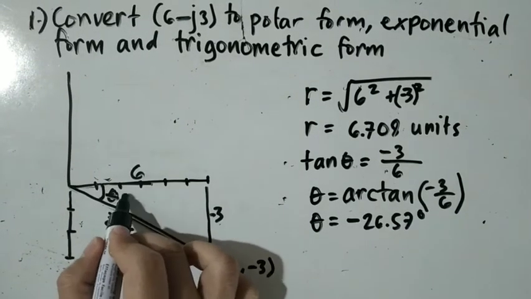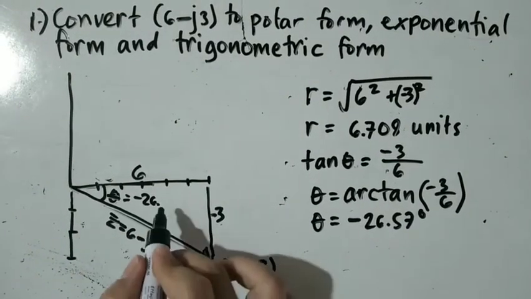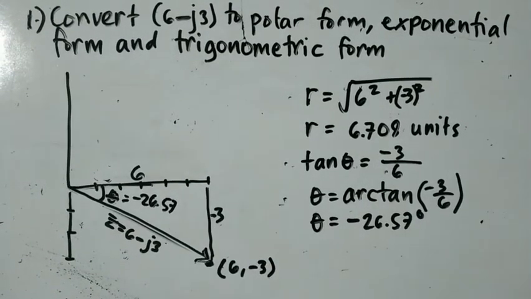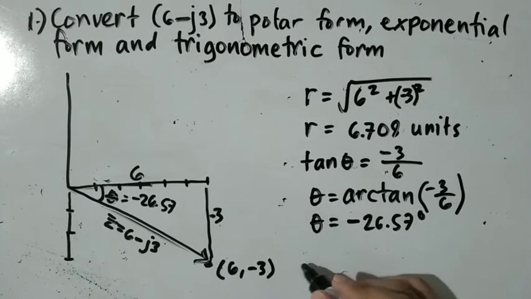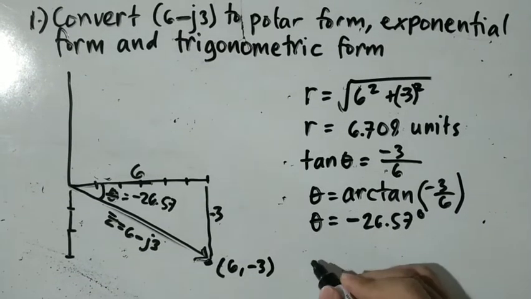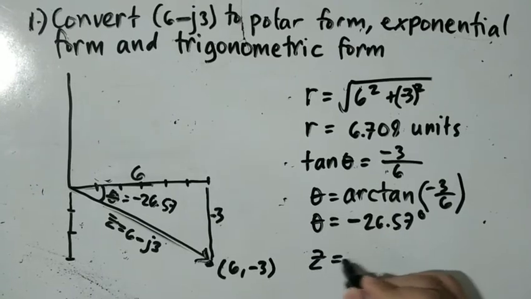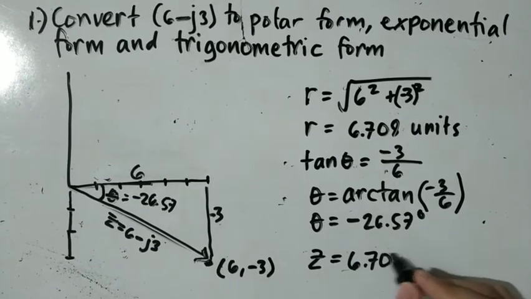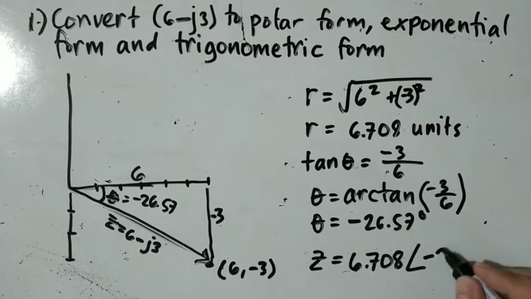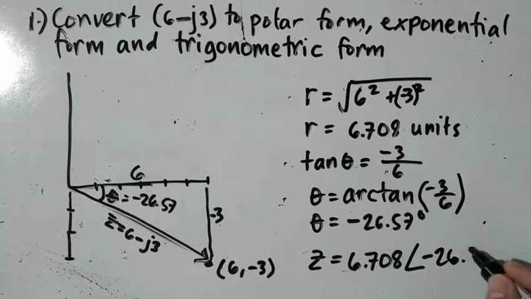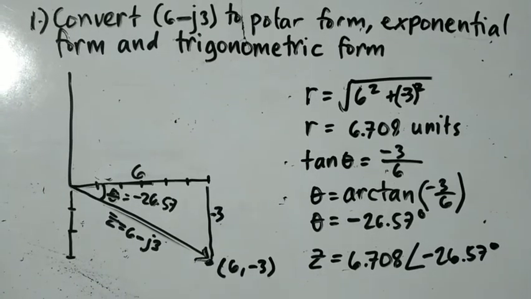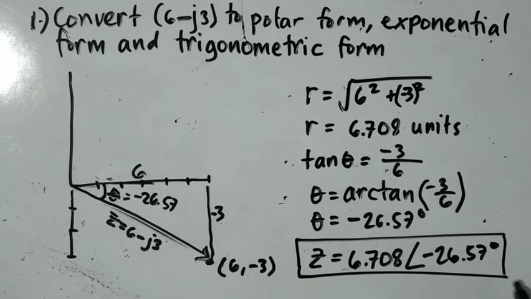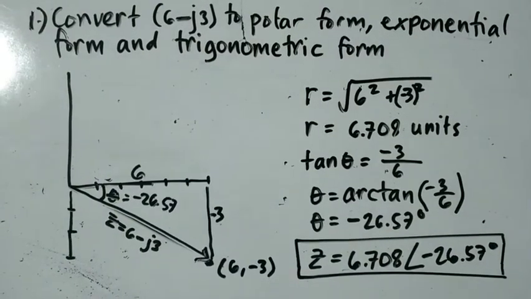So this angle is negative 26.57 degrees. Okay, so therefore our polar equivalent of 6 minus j3 now is z equal to 6.708 bar angle negative 26.57 degrees.